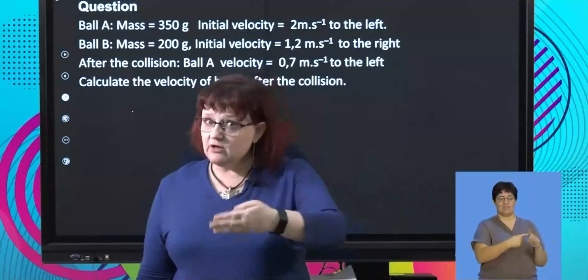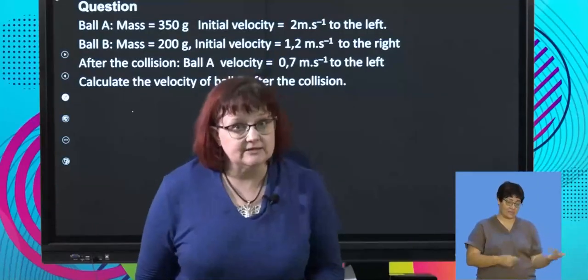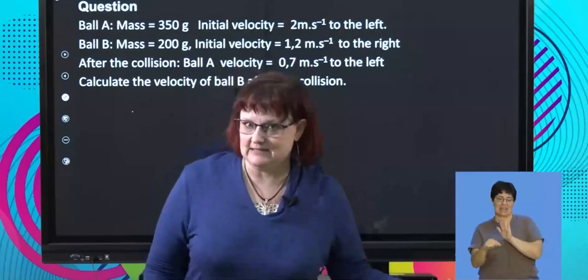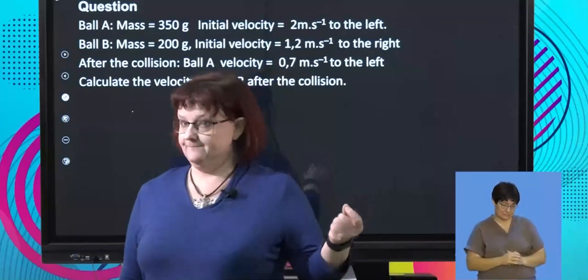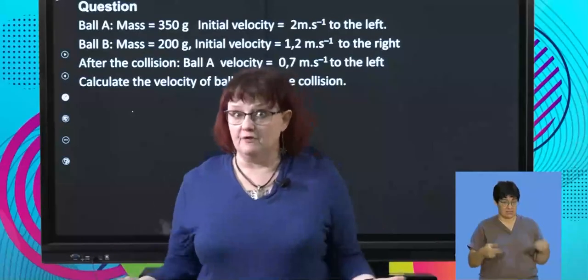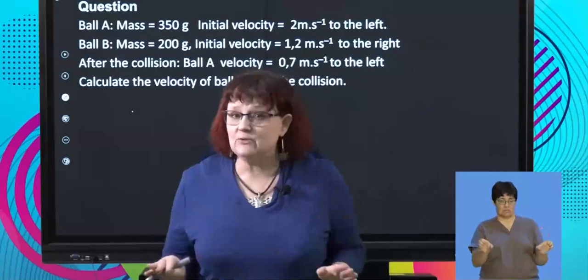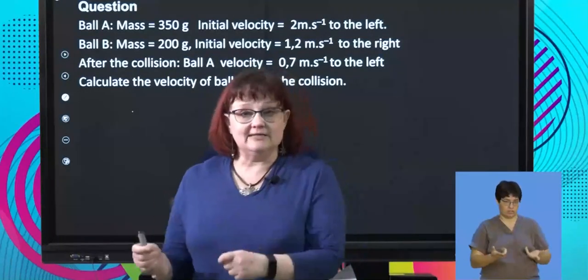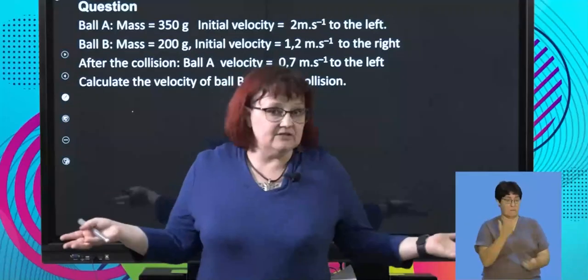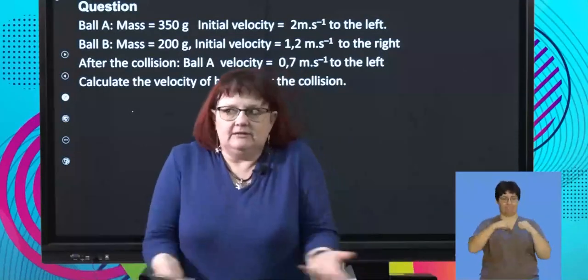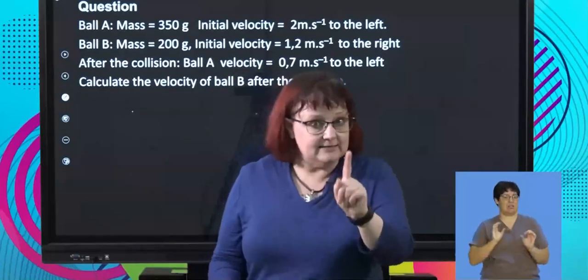So anything going to the left will have a positive velocity. Anything going to the right will have a negative velocity. My 2 objects were separate at the beginning, and they are separate afterwards. They didn't say to us that they become one. So do not make that assumption. We might find out that they have the same velocity at the end. Then they became one. But they didn't tell us that. So don't make that assumption.